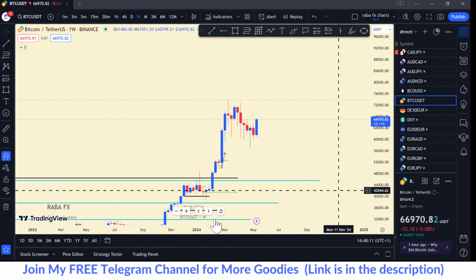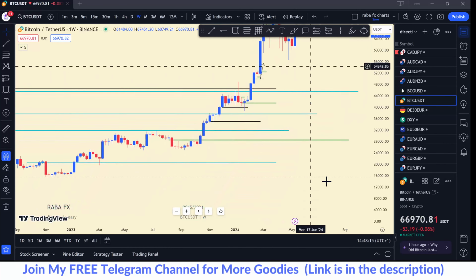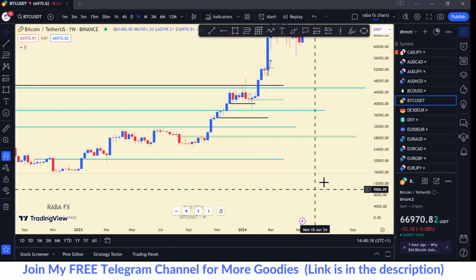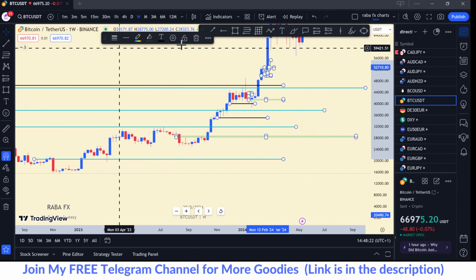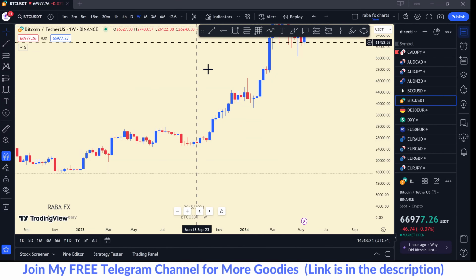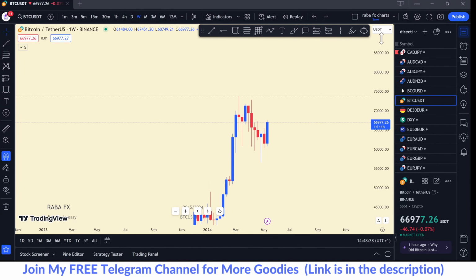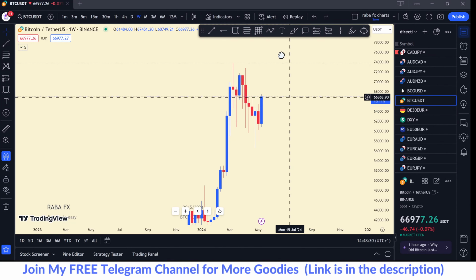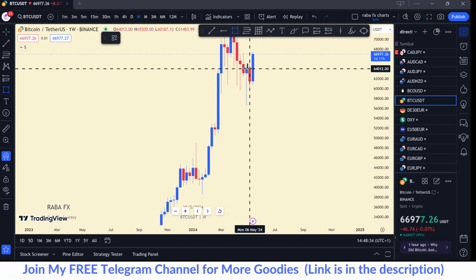Well, as you all know, this is the bull season, the bull run, as people call it. Let me clear most of this. So what I can see is this is a nice bullish structure.